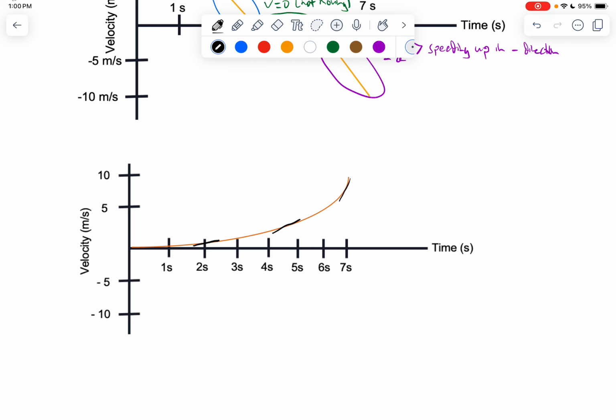So we know our velocity is increasing from our positive slope. But we also know that those slopes are themselves getting larger and larger. So our velocity is increasing, and we can say it's going to be increasing at an incrementally faster rate.